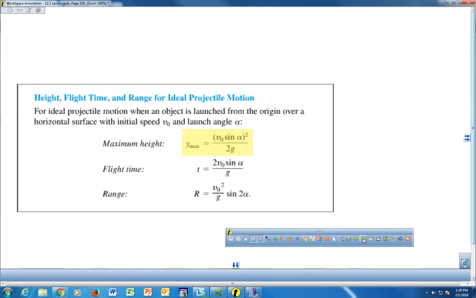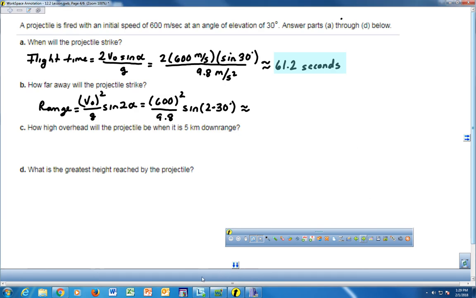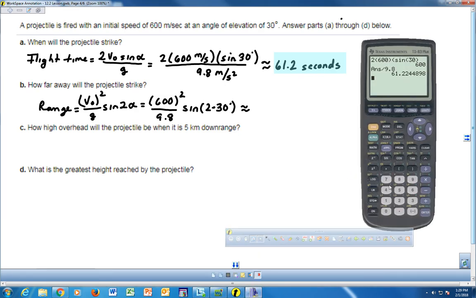Okay, first of all, let's solve it through the range formula that we were given. So 600 squared divided by 9.8, and that is going to be multiplied times sine of 2 times 30, which is 60, right?